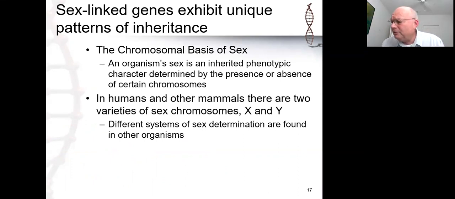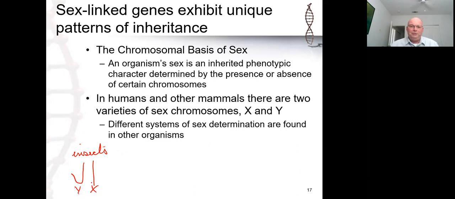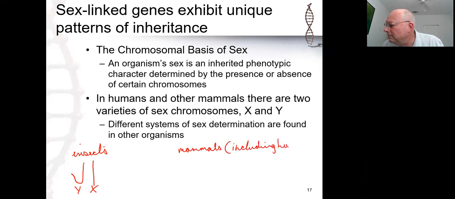So for insects, the X and the Y are distinctly different from each other in terms of their shape. In mammals, and this includes humans, the X is quite large and the Y is quite small.